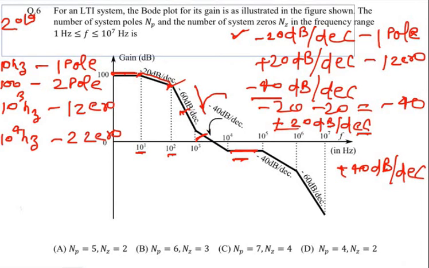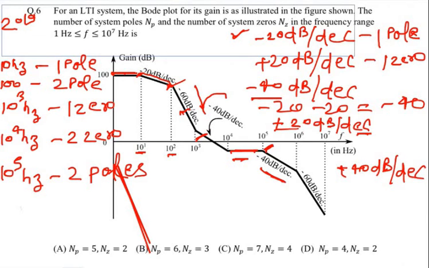Okay, now the next corner frequency is 10 raised power 5 Hz. Again your slope is minus 40 dB per decade, which means 2 poles have been introduced.